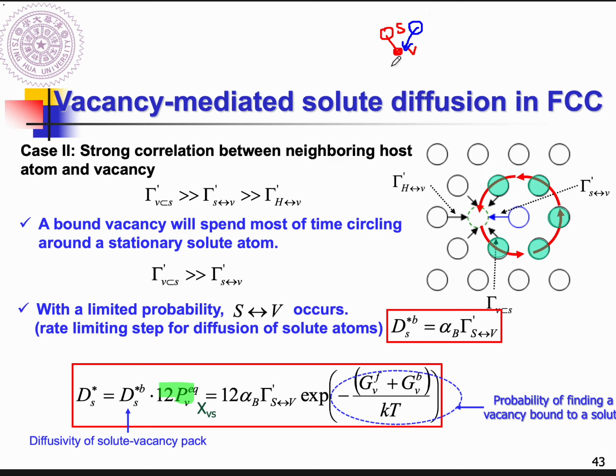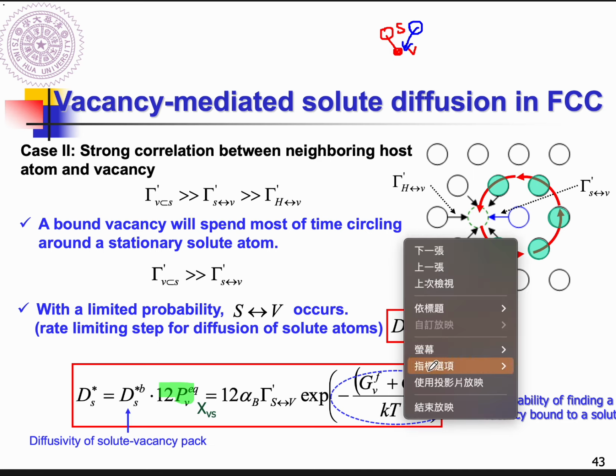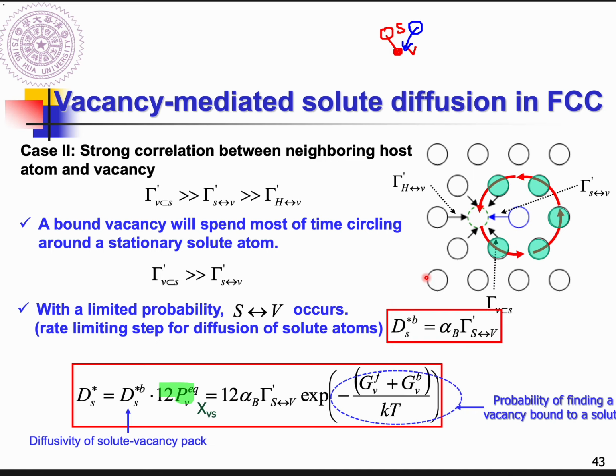So based on this, even though the probability of finding the vacancy is this probability, because they are a group, the solute atom can show up in 12 different locations. So in that case, the solute finally can move away or diffuse in 12 different directions. Okay, so that's just for your reference.